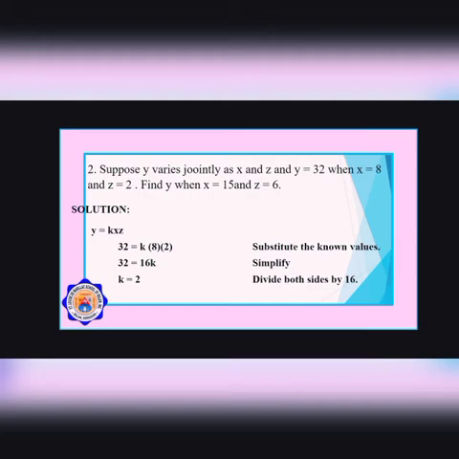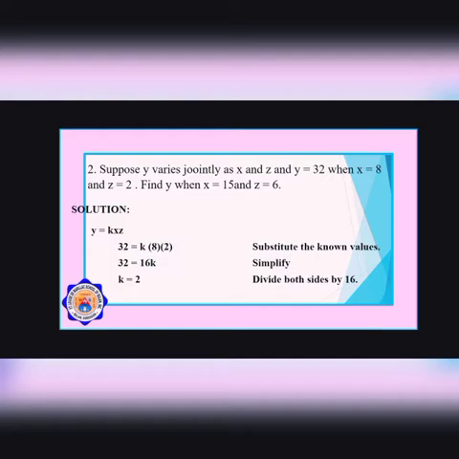So, the equation for joint variation is y is equal to k times x times z. To find the value of k, we will use this equation, then substitute the given values for x, y, and z. So, the value for y is equal to 32, the value of x is equal to 8, and the value of z is equal to 2.